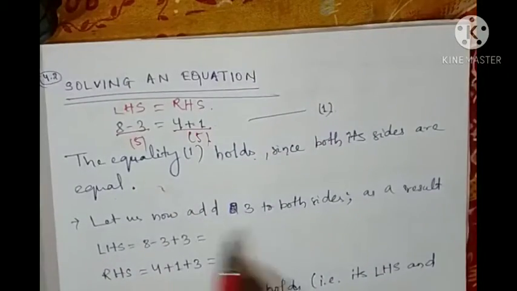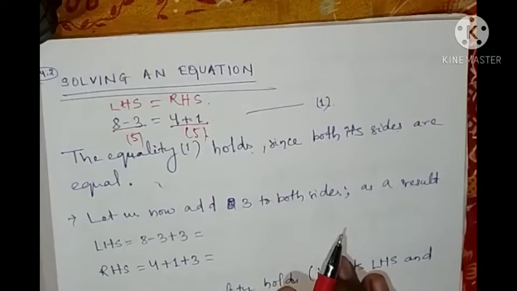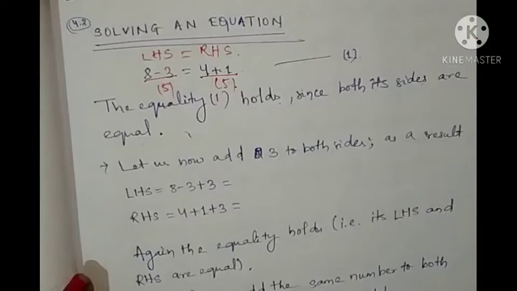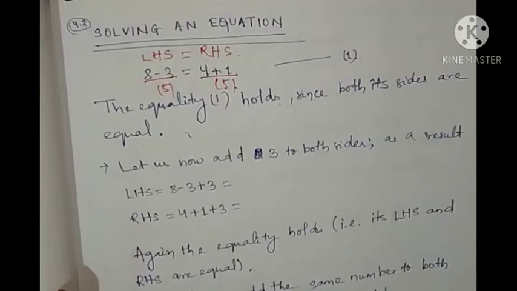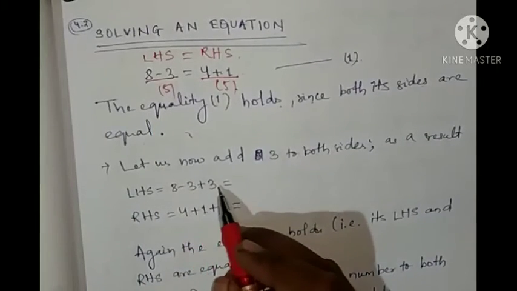Let's now add 3 to both sides. If we add 3 to both sides, what will happen? Let's see. In LHS, 8 minus 3, and we have added 3, so 8 minus 3 plus 3.